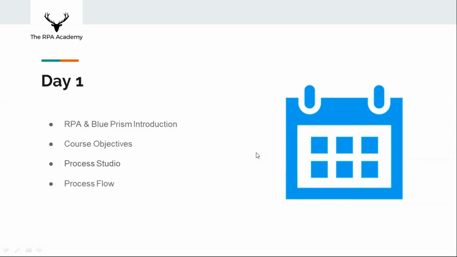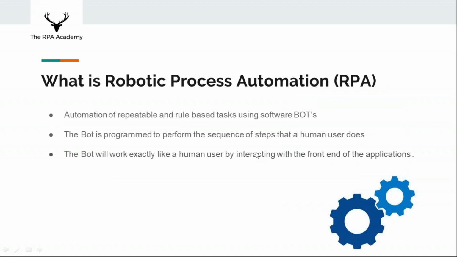Perfect. Okay. So the first thing that we need to cover, and you're probably already aware of this, is: what is robotic process automation? Before we start looking at Blue Prism, let's look at RPA itself. It's a type of automation that's rule based, and you use virtual robots, programming them to do things that a human would do.